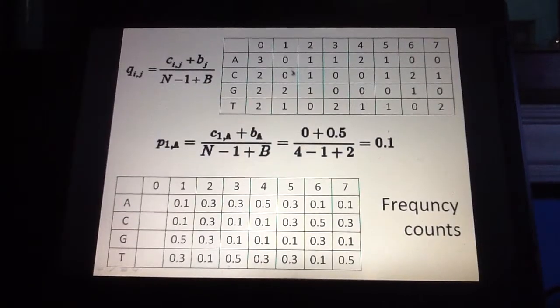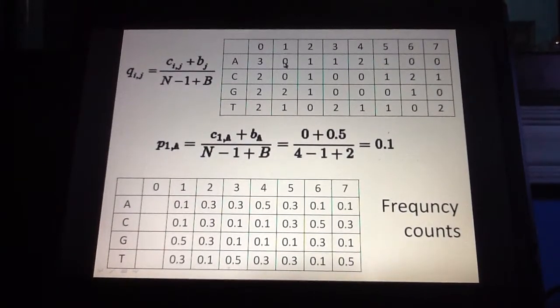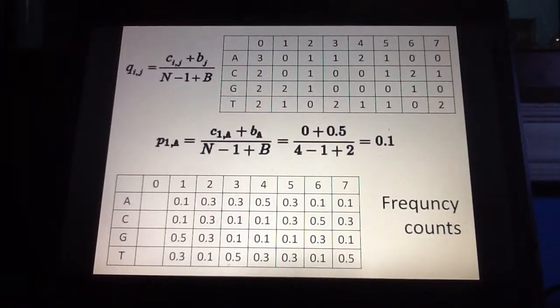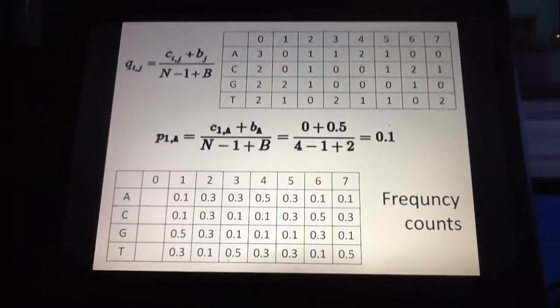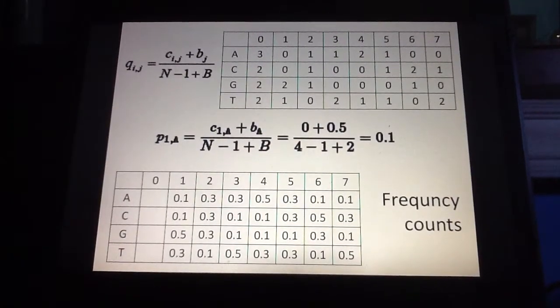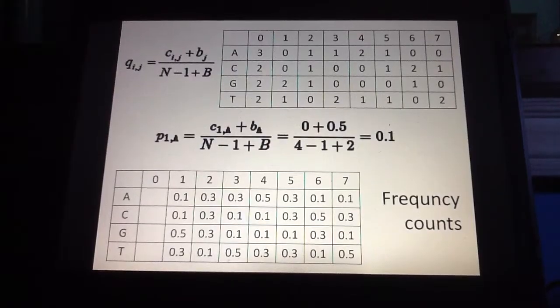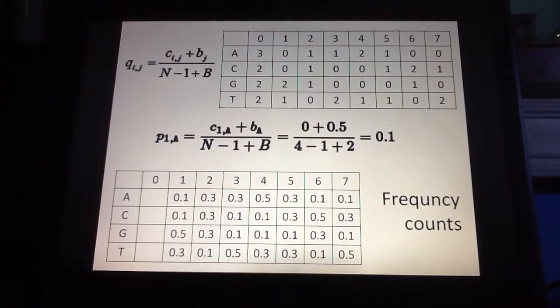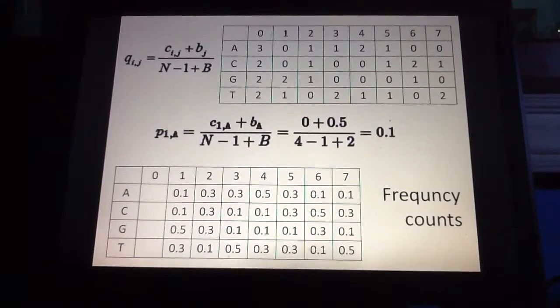So that's 0 over 3, 0 over 3, 2 over 3, and 1 over 3. But the problem with that is this would result in probabilities that are 0. And later on you'll see that we don't like 0 probabilities, because they tend to give 0 probabilities, and that's the end of the story.